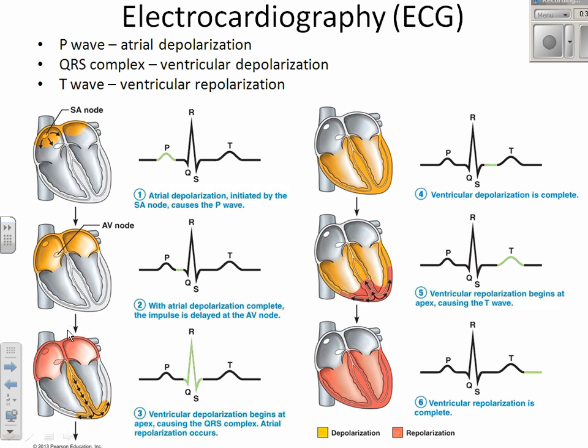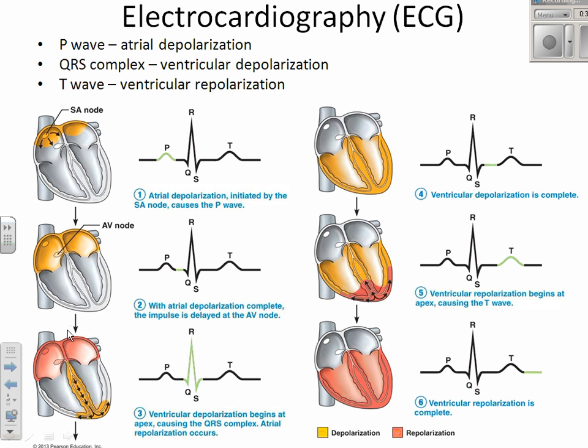What is happening during the P wave is known as atrial depolarization. So that wave is symbolic of the depolarization of the atria. So you see it on both sides here, right? And remember, those atria contract at the same time. The right and the left are contracting at the same time, right?